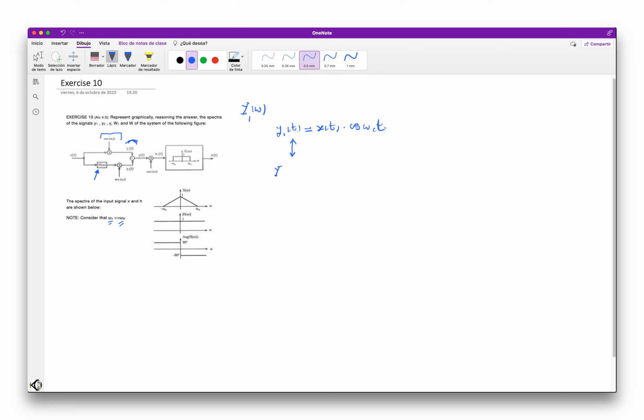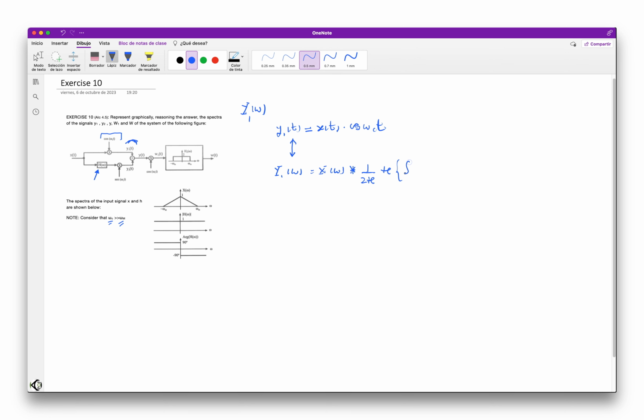If we do the Fourier transform of this, we will have the Fourier transform of x in omega, and the multiplication transforms into a convolution, but remember that the convolution gets a 2 pi factor in the denominator. Then we will have the Fourier transform of the cosine, which at this point we know very well.